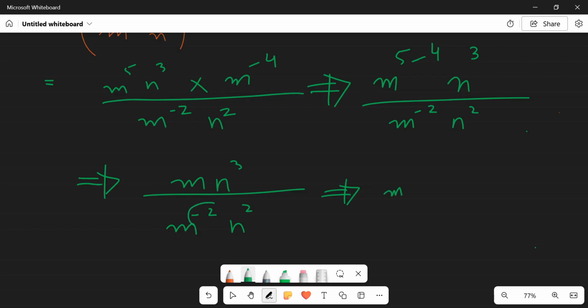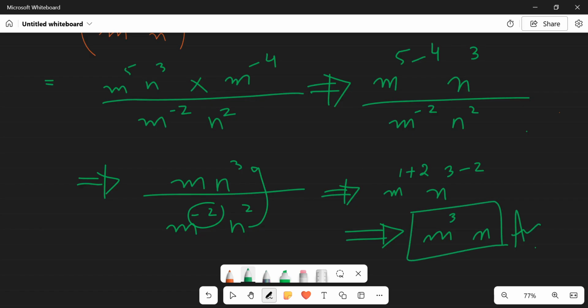This minus 2 will go up, 1 is already there, so plus 2, right? And n, so n to the power 3, and this n square will go up, it gives you minus 2. So m to the 1 plus 2 is 3, and only n, right? So this is the answer.